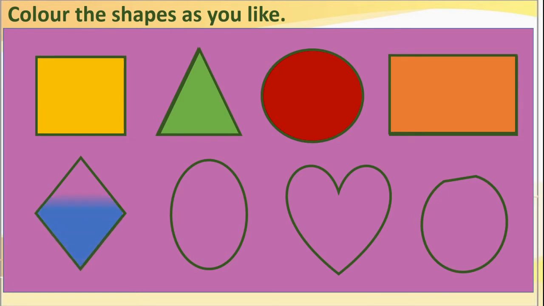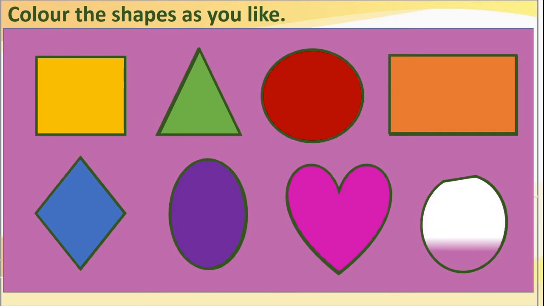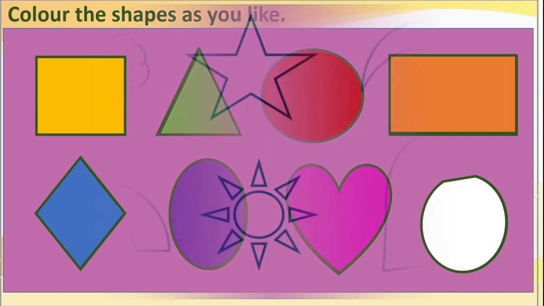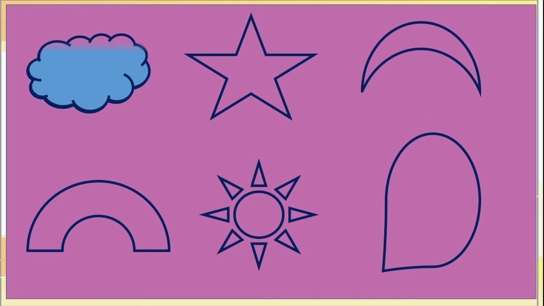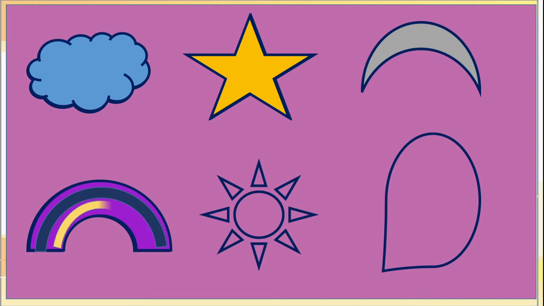See dear children, we are giving different colors to different shapes, isn't it? Now we will color these two. This is rainbow, so it needs 2 to 3 colors minimum. Okay, now we finished the third step, correct?